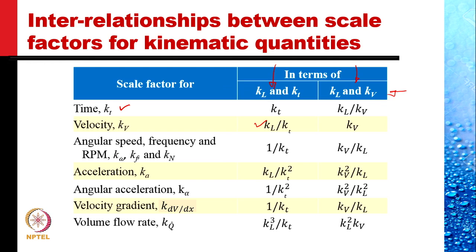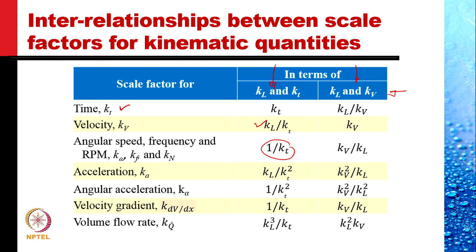Angular speed, frequency, RPM, the scale factors for these quantities, K omega, Kf, and Kn, would be 1 over Kt per unit time, and this would be Kv by Kl in the second formulation.